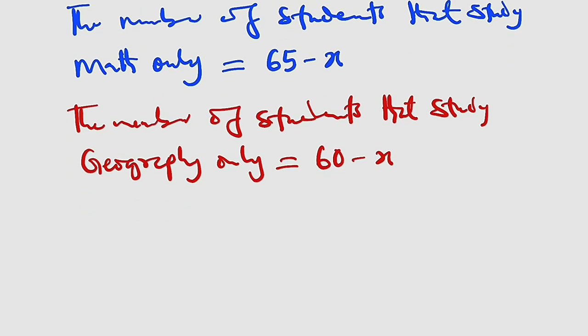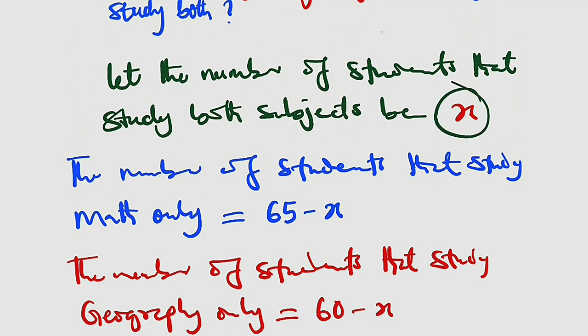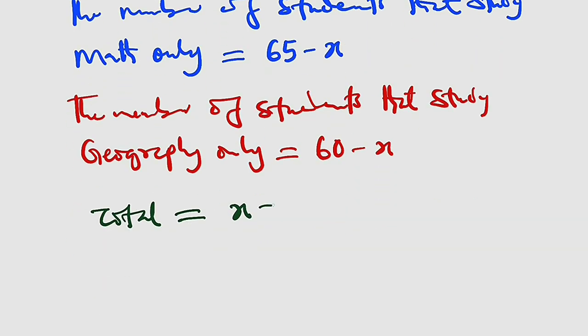Can you see that? Then total number of students, total will be equal to, we have x, that is for the both, you see that here, then plus 65 minus x, then lastly 60 minus x. This is the total number of students.